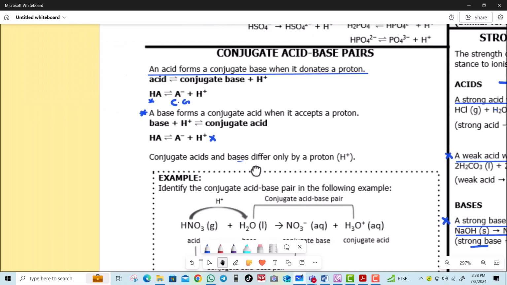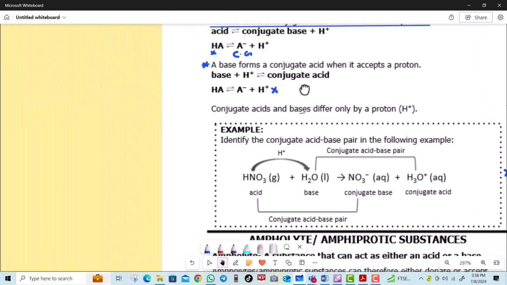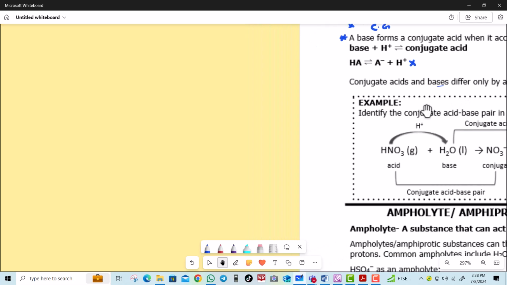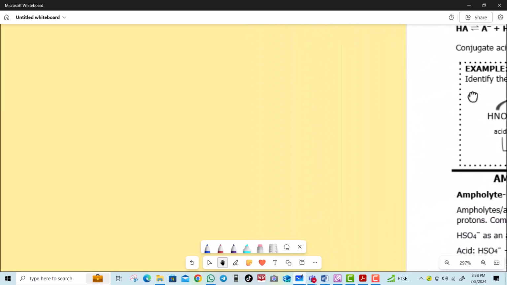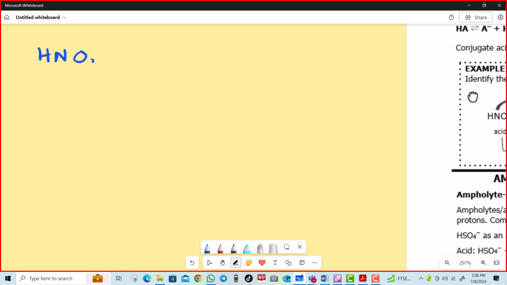Take the example of nitric acid plus water. If I have nitric acid and I react it with water, H2O, what's going to happen here?